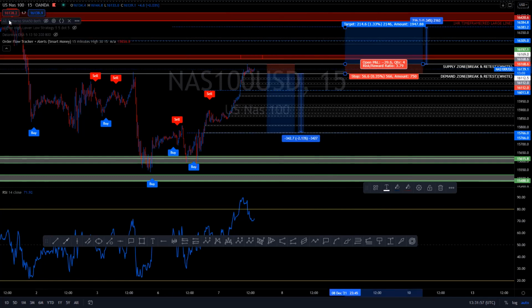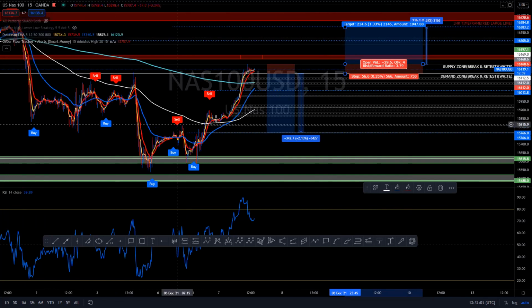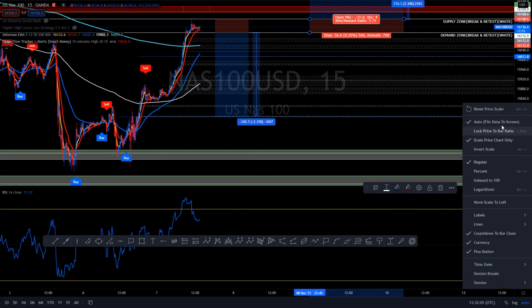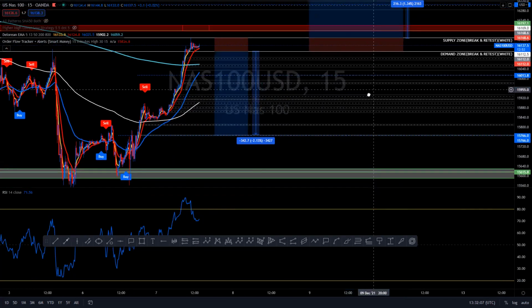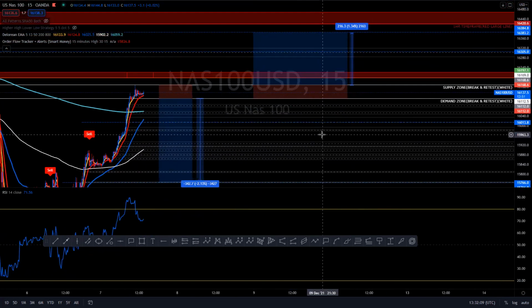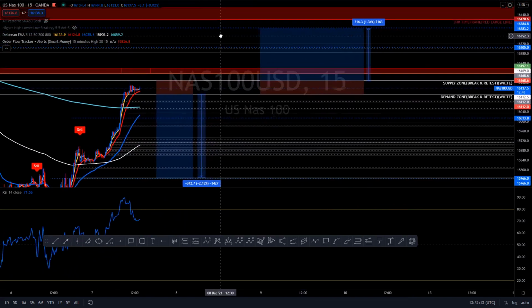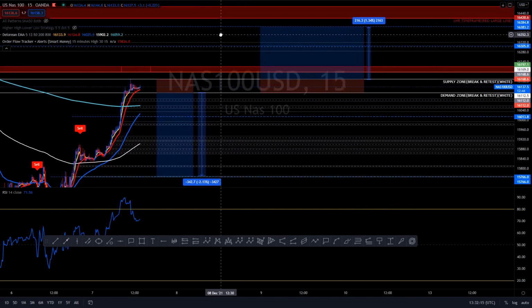Then the last thing I like to do as far as planning my trades is to turn on the Dorlean EMA indicator. Now, with this indicator, the way I use it, I use it as extra confirmation on top of everything else that I've done.